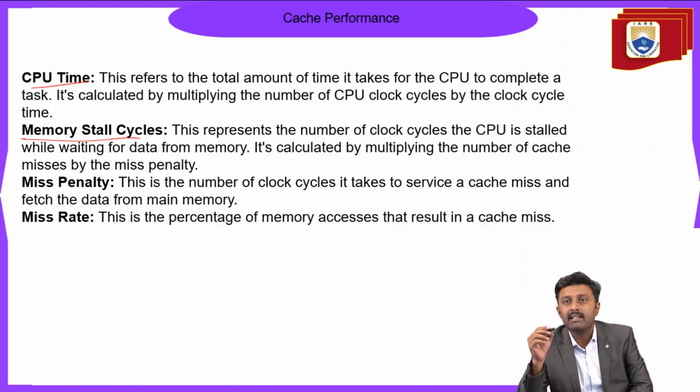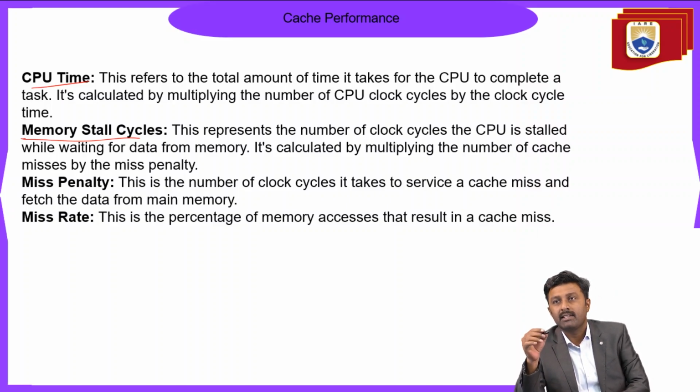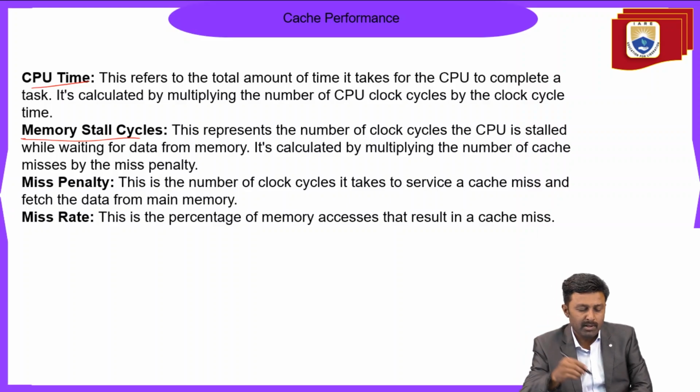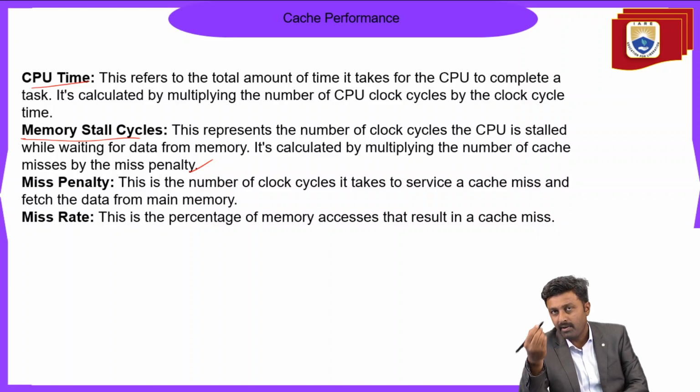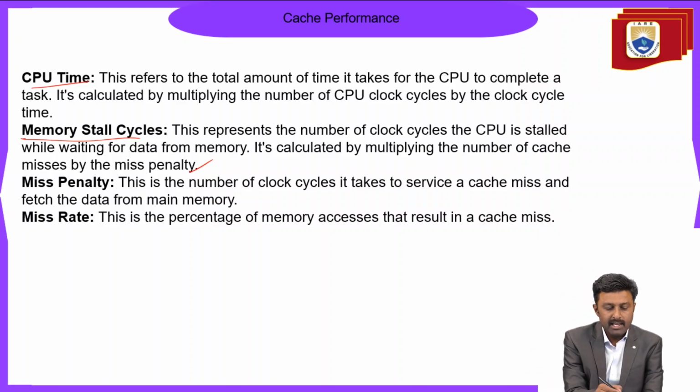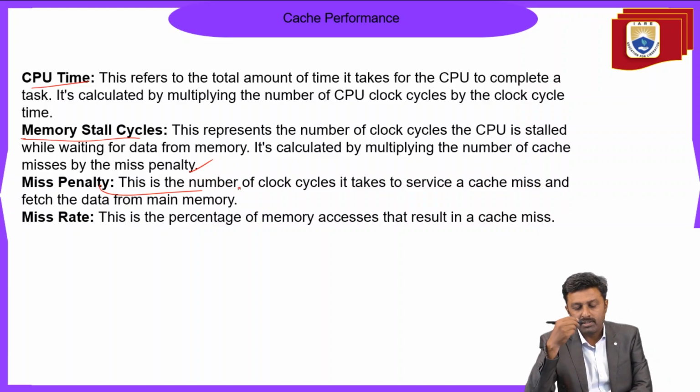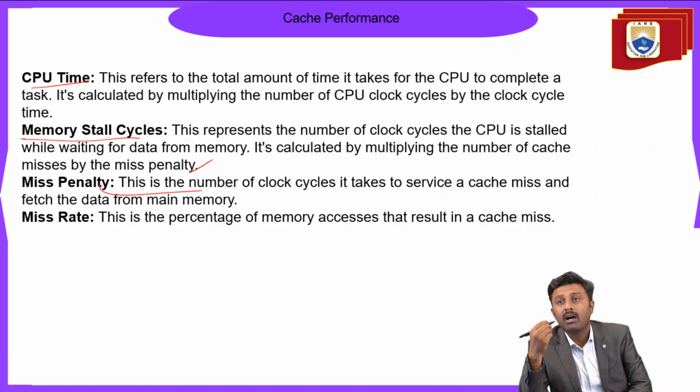Then memory stall cycles represent the number of clock cycles that the CPU is stalled while waiting for the memory in terms of the cache miss. So whenever the cache is not able to give the data to the processor, the time for which it is waiting is called memory stall cycles. Then the miss penalty is the number of clock cycles taken to service cache misses and fetch the data.